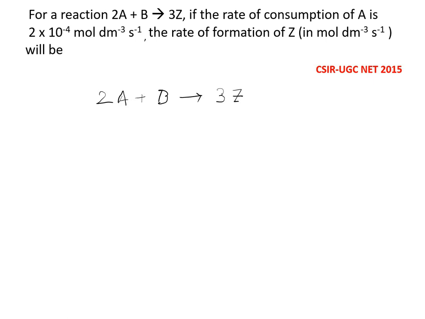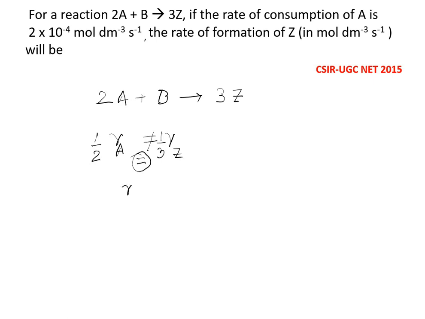Now the rate of consumption of A, that is RA, and from stoichiometry it is clear that RA is not equal to RZ, right? But if I put a half here and 1/3 here, then of course they become equal.